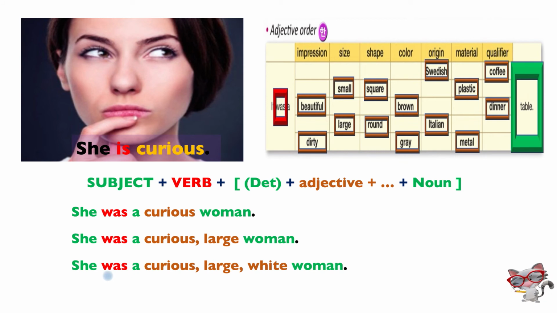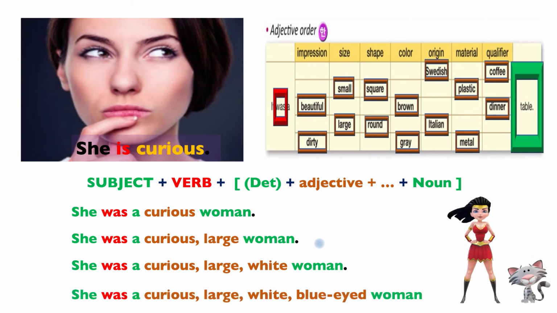And then she was a curious large white woman. So white is color, so it must follow impression, size, color. And we can go even longer. She was a curious, large, white, blue-eyed woman.